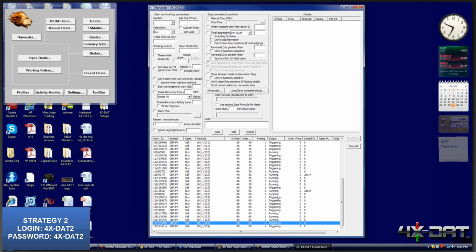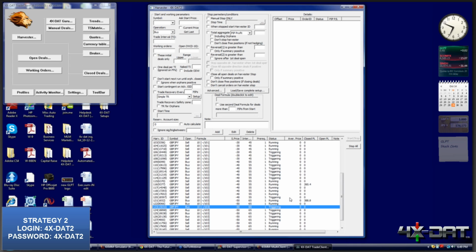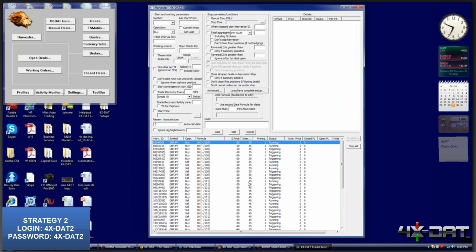They're either running or triggering. Triggering means that they're getting ready to run. They're getting ready to place trades, and they're waiting for the proper conditions. And the proper conditions will be when the market has made the necessary move for the trade to be placed, or for the harvester to start up.